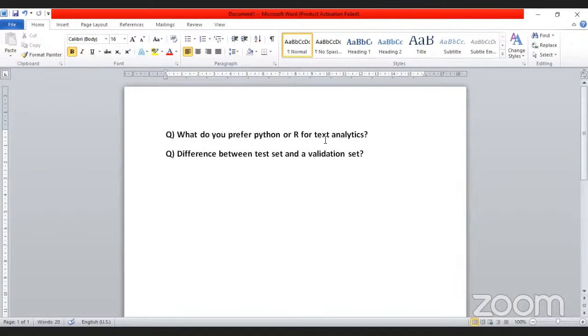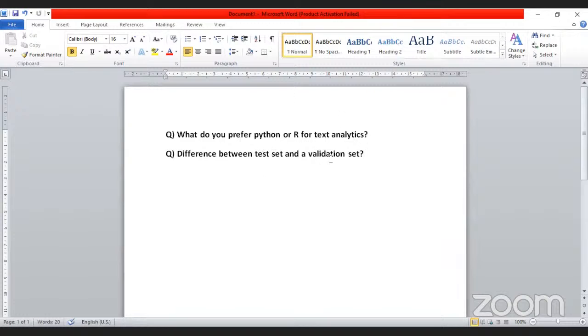So there are two major differences between a test set and a validation set. The validation set is part of the training data set, and the test set is the test data.